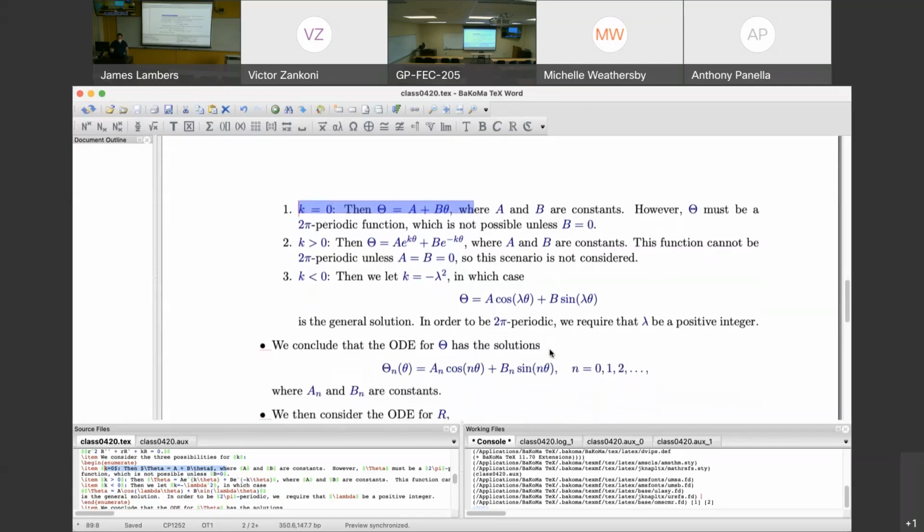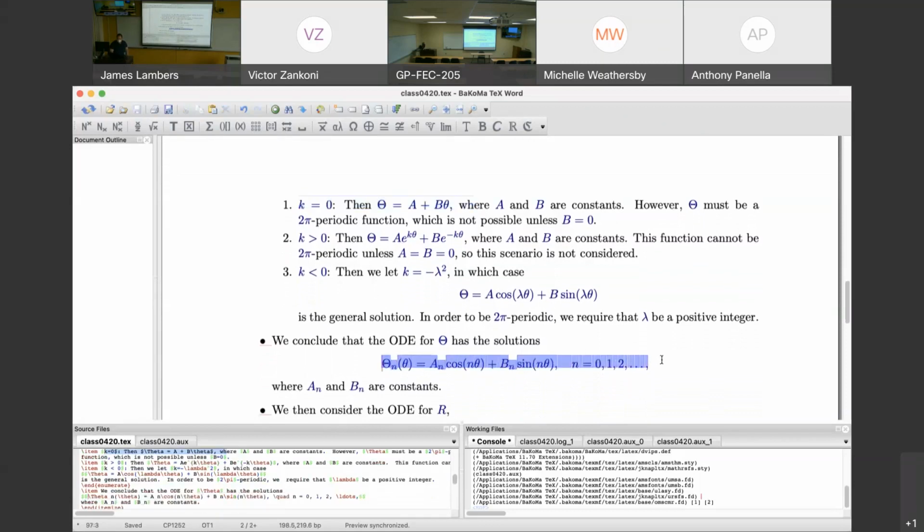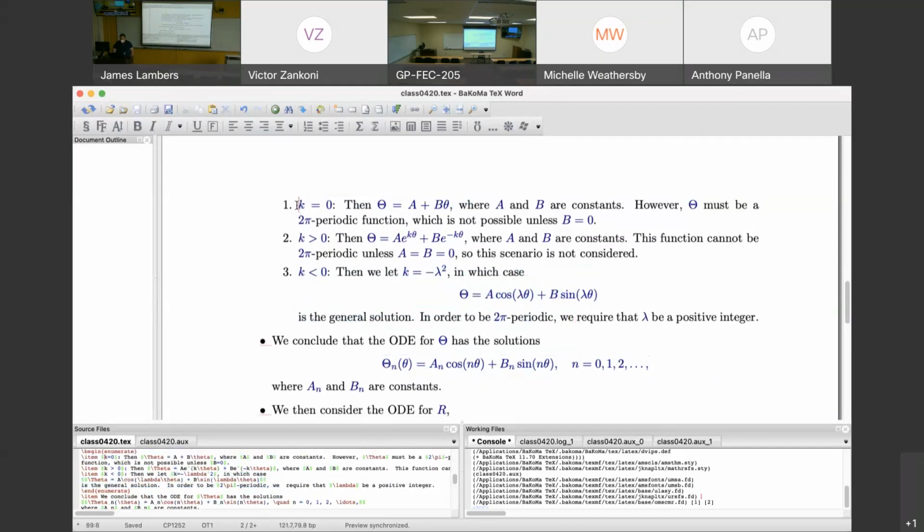So, to summarize, here are the possible solutions for the theta ODE. So we index them by n. So we have an cosine n theta plus bn sine n theta, where n is a non-negative integer. So that accounts for this case of negative k, and this case of k equals 0, where we have a non-zero value for this constant a here.